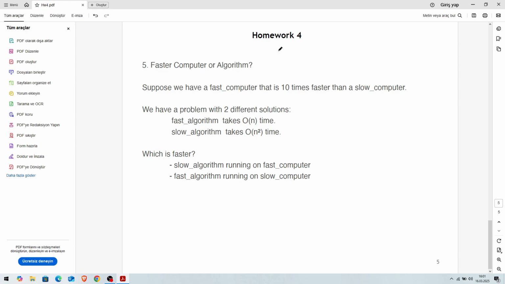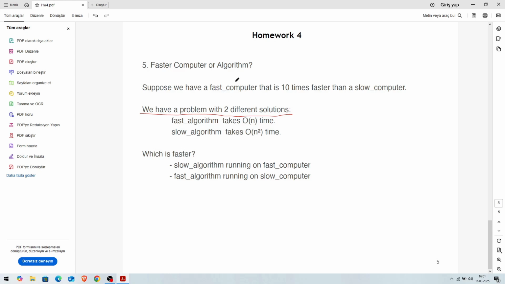We have an interesting fifth question in there. We have the faster computer or algorithm question. We have a problem with two different solutions, and we have two algorithms and two computers.